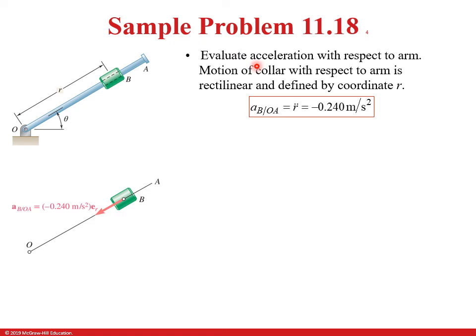So the final one was the tricky component, and that was evaluate acceleration with respect to the arm. Motion of the collar with respect to the arm is rectilinear and defined by coordinate r.